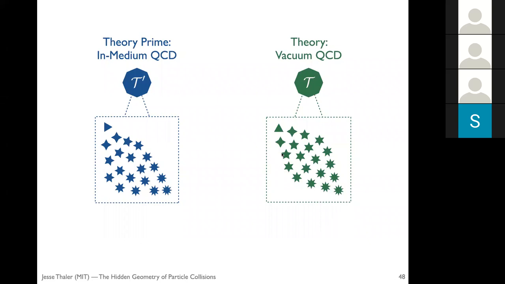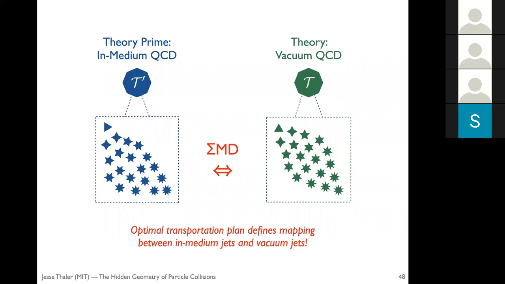One of the big questions in nuclear physics is trying to understand how jets are distorted going from vacuum to in medium. And I can use this cross-section mover's distance, defining an optimal transportation plan that defines a mapping between in-medium jets and vacuum jets, and try to figure out, when I see a jet in medium, where did it come from in the vacuum theory, or what's my best estimate using this cross-section mover's distance?